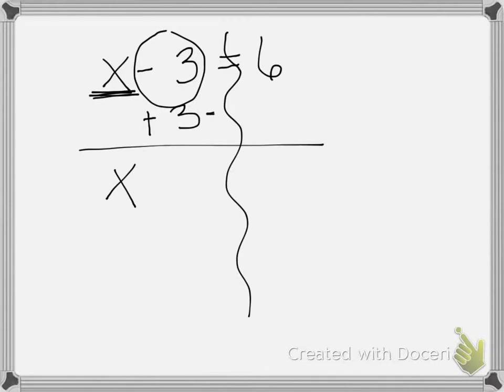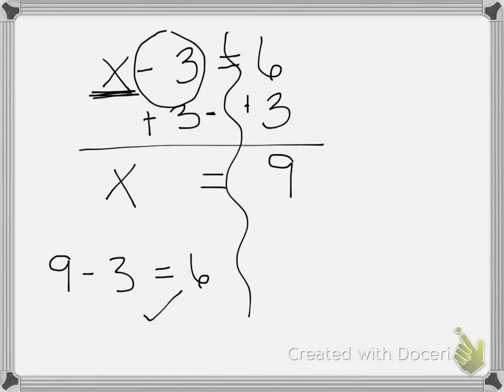So since I added 3 over here, I must also add 3 on this side. 6 plus 3 is 9. So x equals 9. We can plug it back in and check. Is 9 take away 3 actually 6? 9 minus 3 is 6, so it works. So x is equal to 9.